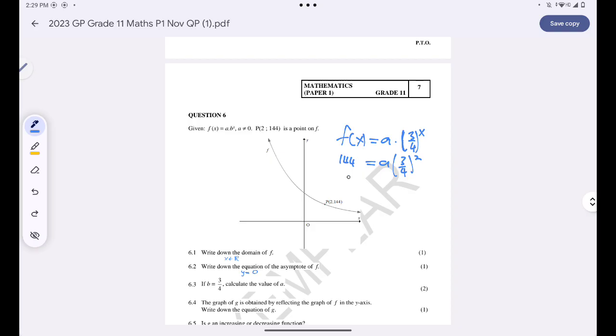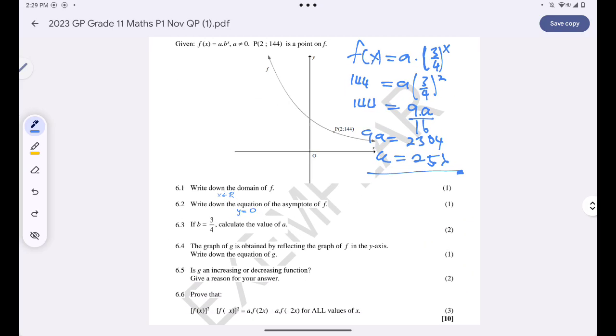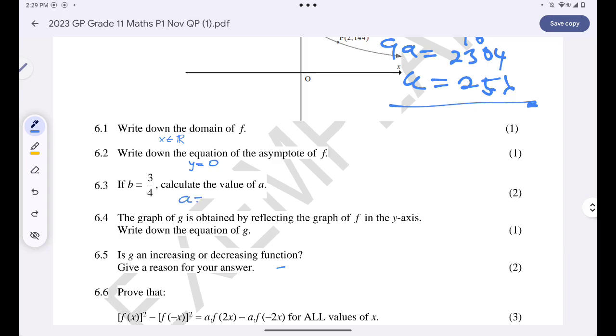Are we together? So I'll simply have 144 is equal to 9a all over 16. Whenever I multiply both sides by 16, 144 times 16, this will give me 9a is equal to 2304. Then divide by 9. The value of a is 256.